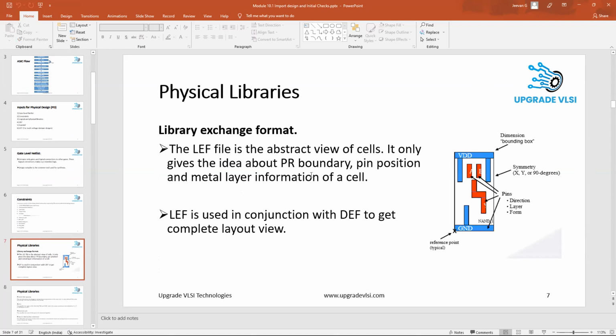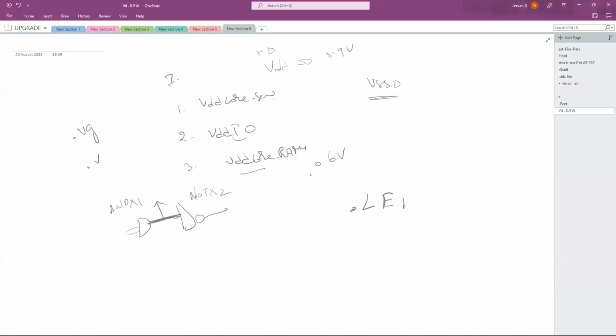Okay. So let's see the thing. Physical library means one of the formats is .lef, library exchange format. Every time, just remember one thing: the difference between the physical and the logical libraries.